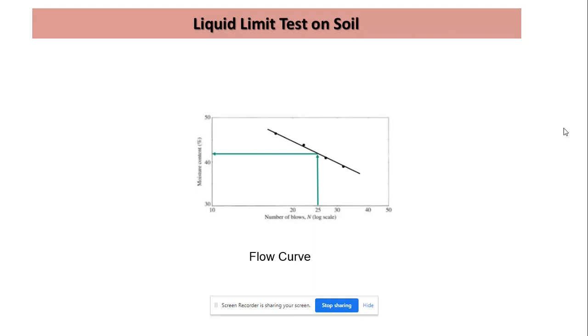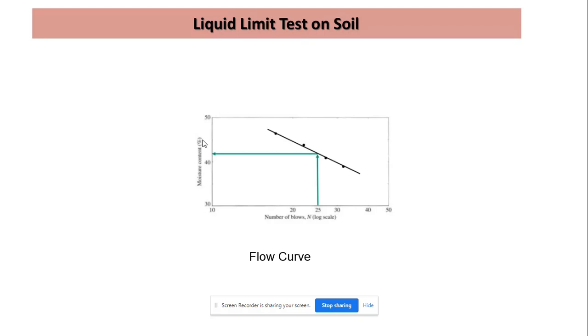We will draw a best fit straight line through these points, and then, corresponding to 25 number of blows, we will move towards the graph, and from there move horizontally and determine the water content. This water content corresponding to 25 blows is then taken as the liquid limit of soil. This curve is known as the flow curve, and it is used for determining the liquid limit of soil.